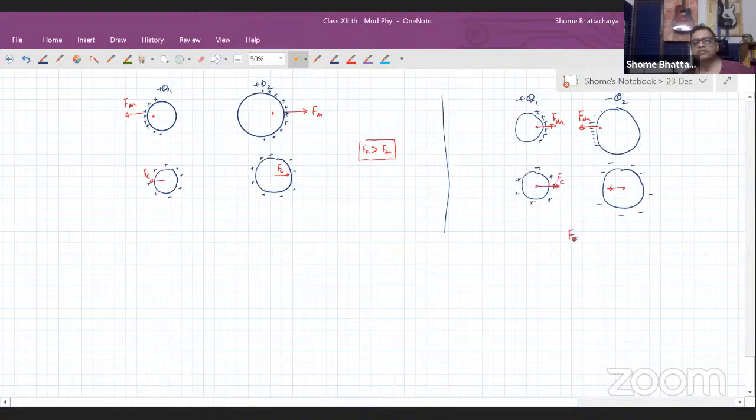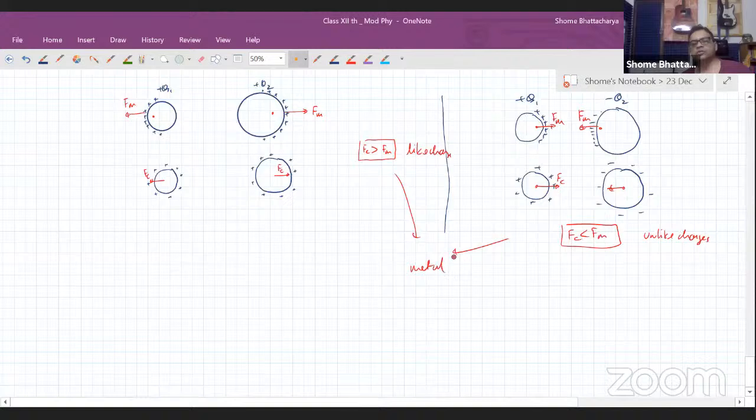So in this case, F calculated will be less than F measured. This is for unlike charges, and this is for like charges. And this is irrespective of whether it is metal or insulator, both. But in the case of metals, this effect will be more pronounced. Okay, that's the only thing.